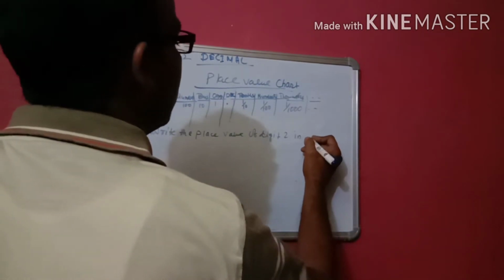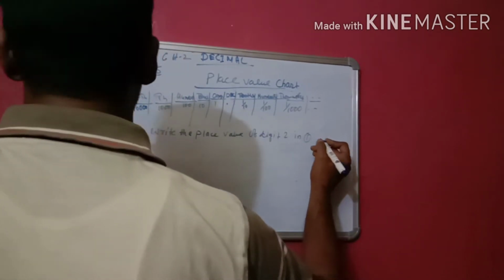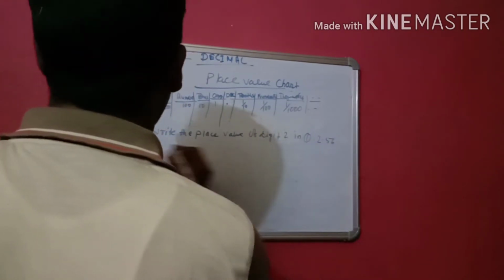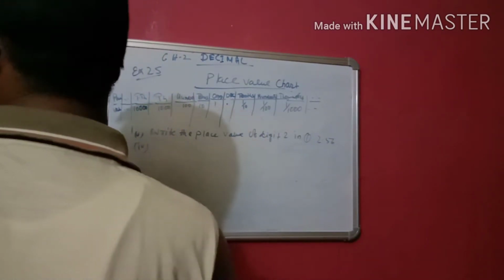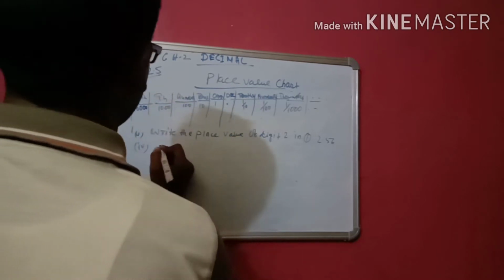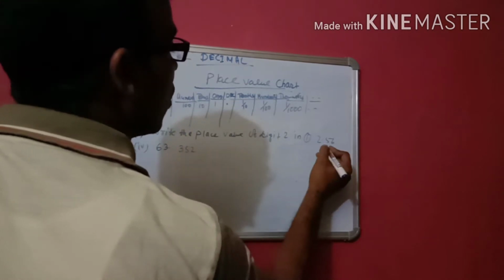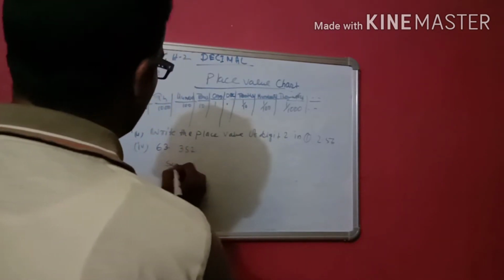Two numbers are given: 2.56 and 63.352. First of all, we have to discuss this one. So write down the solution.